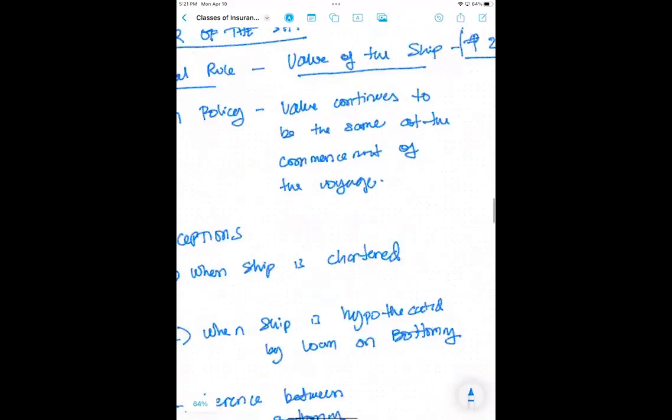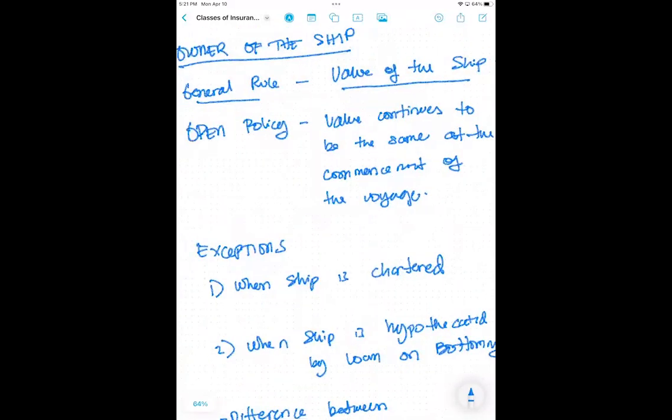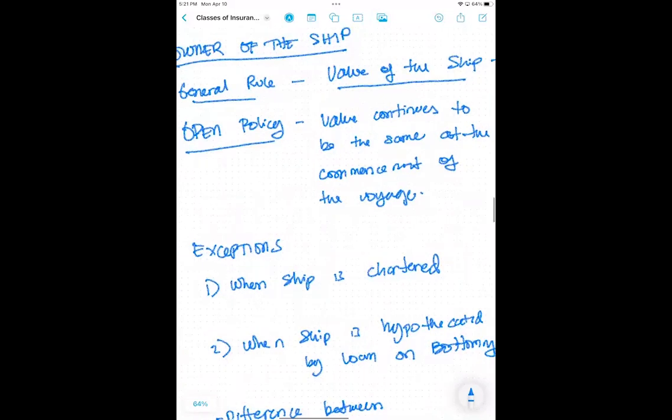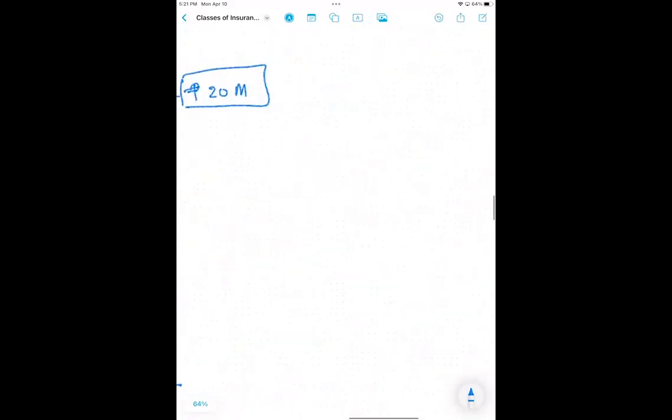Now, when the policy is open, ano itong policy is open? Diba, we mentioned that there are kinds of policy. We mentioned that we have an open policy. We have valued policy.